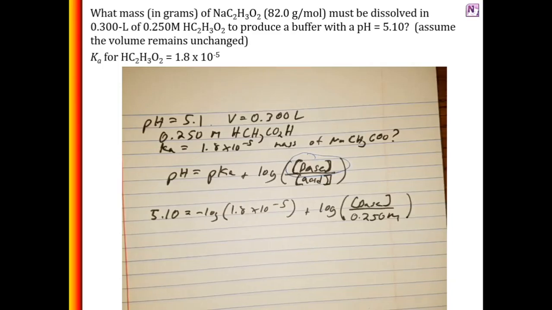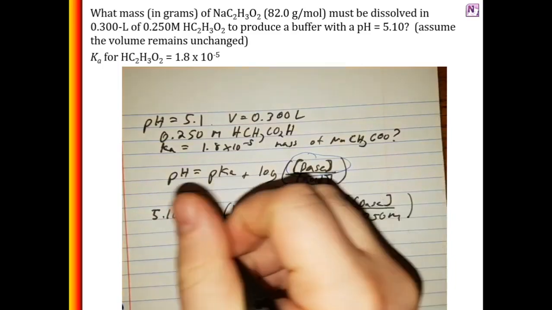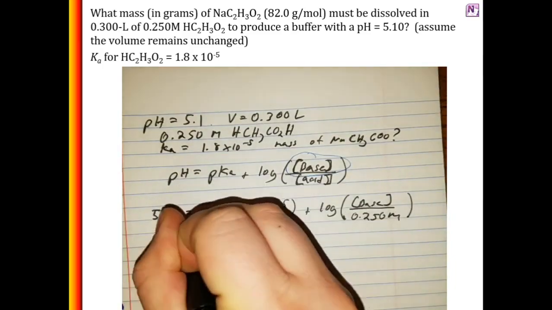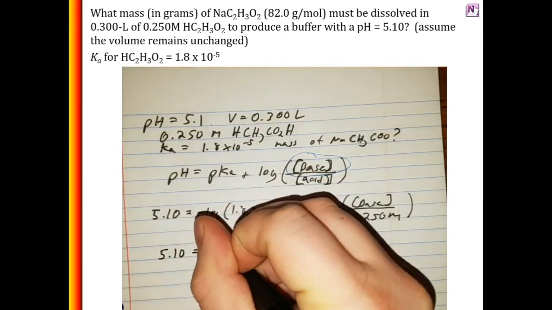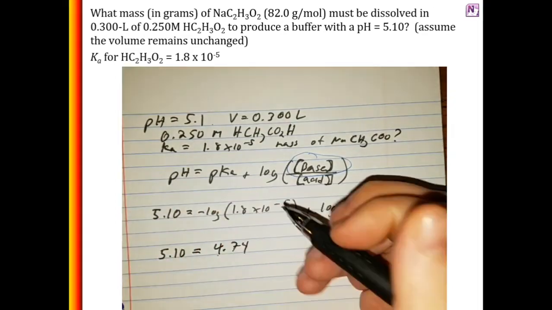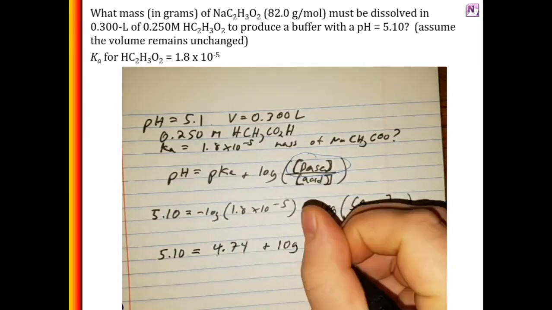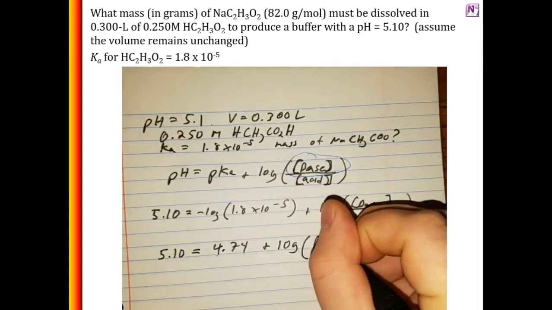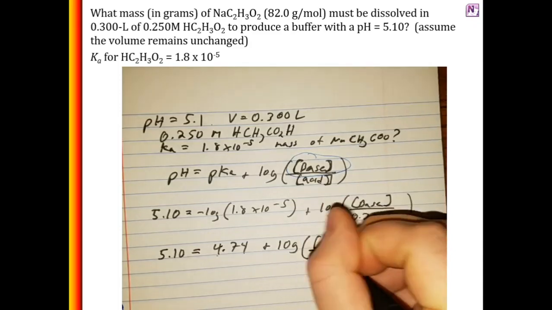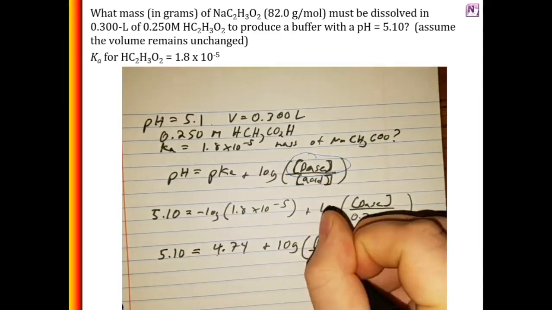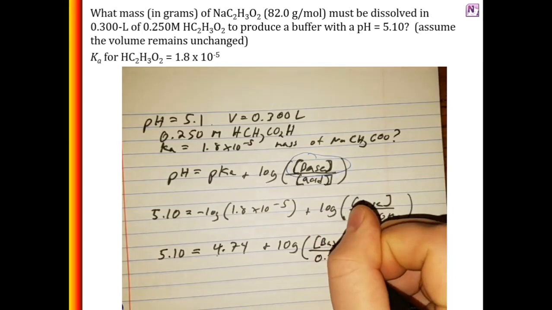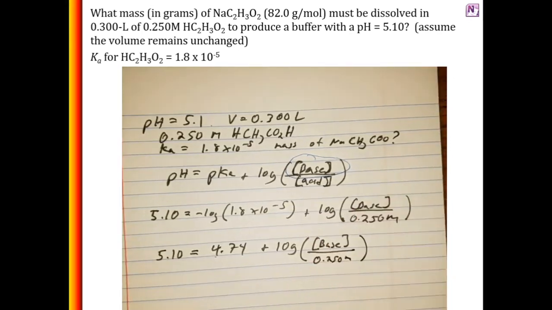So we were just setting up our Henderson-Hasselbalch with what we know. Let's simplify this a little bit. So we can say 5.10 is equal to 4.74, that's our pKa, plus the log of the ratio between our base concentration and our acid, which we already know. Now we just want to solve for this log portion.